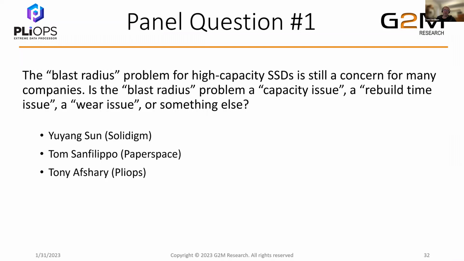So it is a concern of mine, but I think we need to move to more robust technology. We need to solve the rebuild time issue and keep pace with that. We also need to solve the blast radius issue by not putting all of our eggs in one basket with respect to workloads, being able to have some workloads continue running even if there are failures in one part of our network.